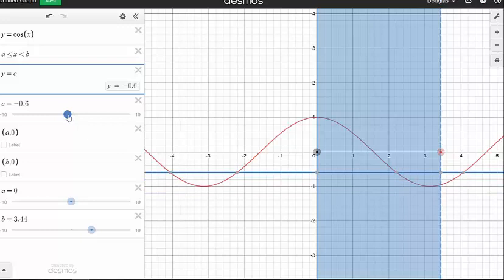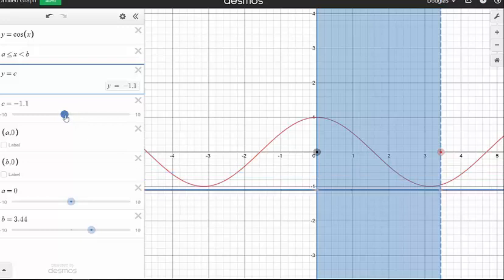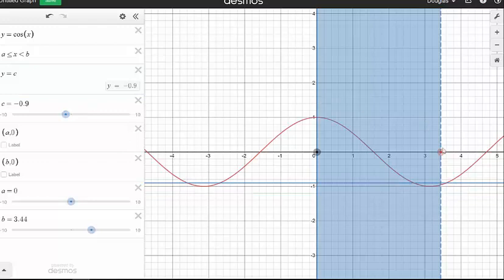Like so. Alright, so we have this from here to here, and so note that this implies a domain restriction from 0 over to pi. So let's go ahead and put that domain restriction up.